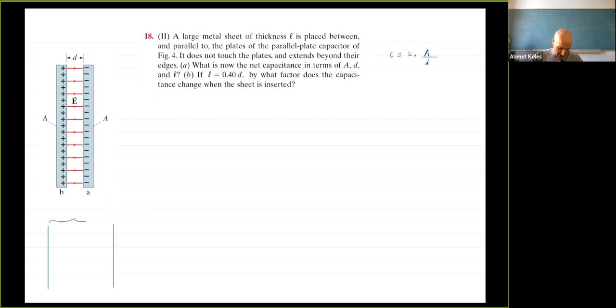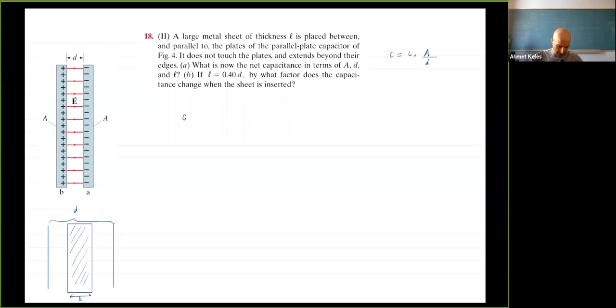The total distance is D. And we know how to calculate that, right? Now I insert, let's say, a metal sheet like this. And its thickness is given as L. Now I need to calculate C.